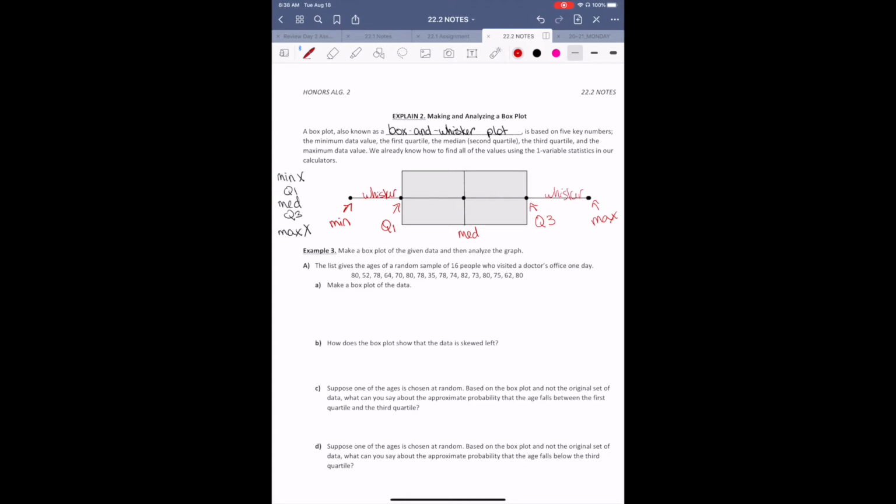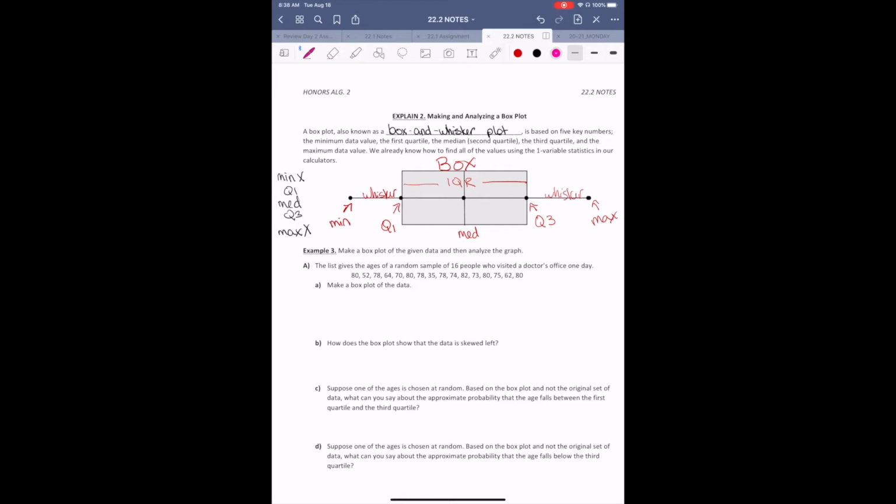Now, what do we know about box plots? Well, our box is in the middle. It's made up from quartile 1 to quartile 3, which is also the IQR, if you guys remember this. The difference between quartile 3 and quartile 1 is what gives us our IQR. But what is also not known about box and whisker plots is that they are always, always, always evenly split between our data.